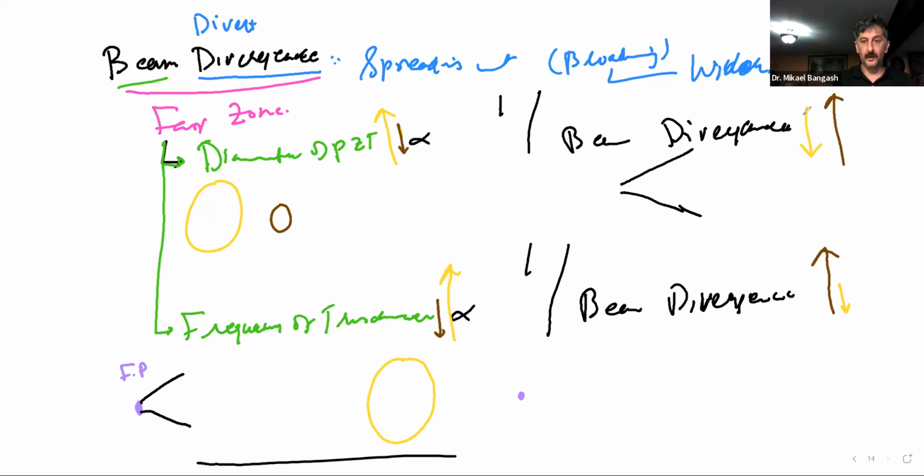That beam is going to have a lesser divergence in the far zone. And what did that lesser divergence mean? It means it's going to diverge just like this.